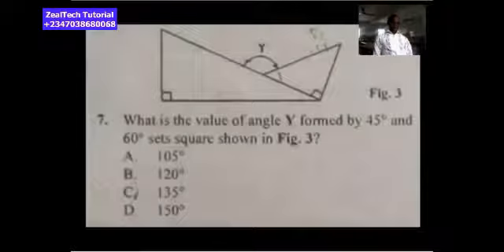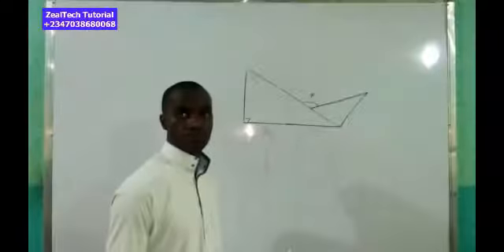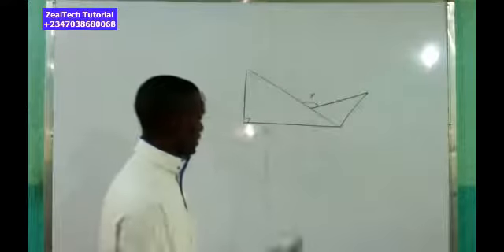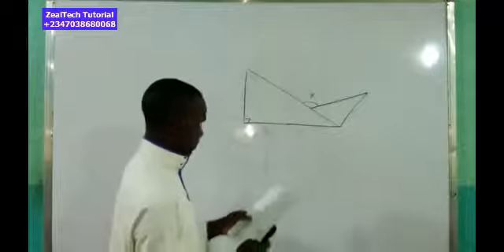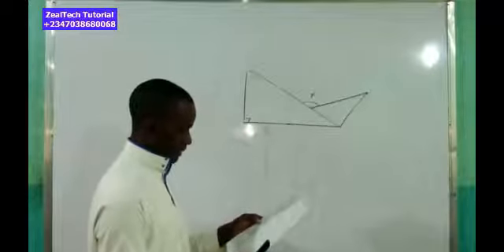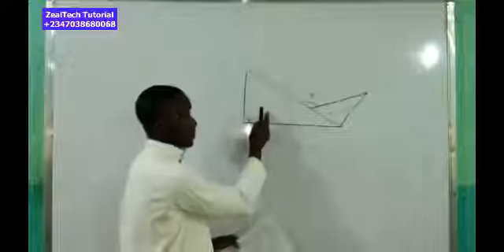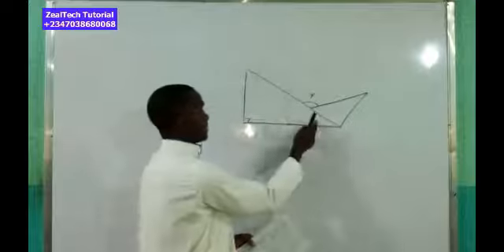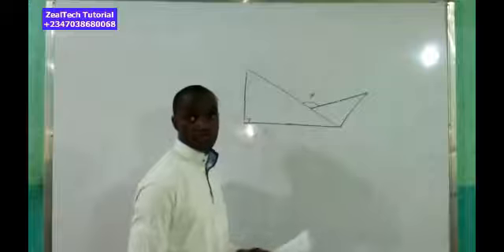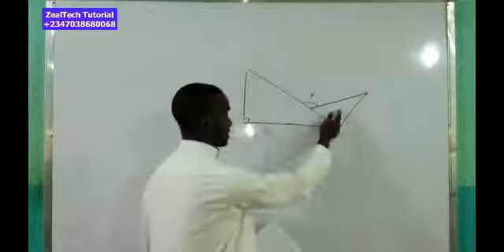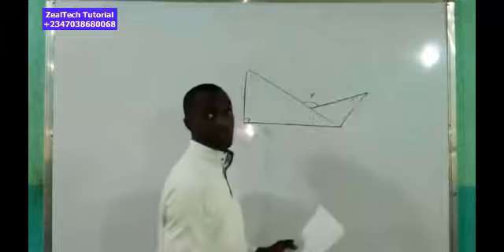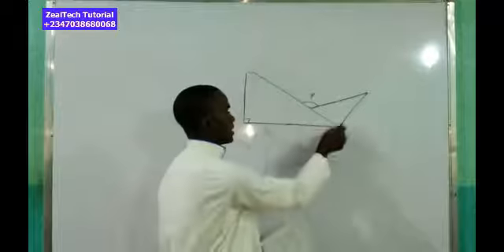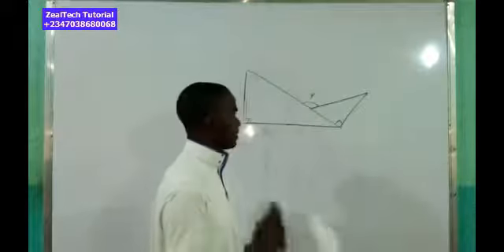Number 7 requires an illustration. So pay attention to the illustration to be shown now. From the question we have this to say. This one is a 30 degree by 60 degrees right angle triangle, and a 45 degrees right angle triangle, as the question puts it.